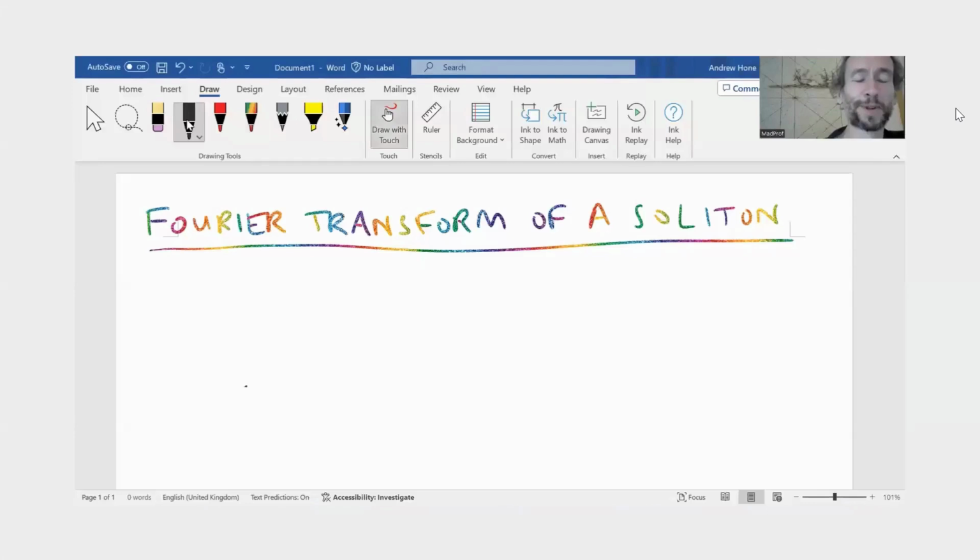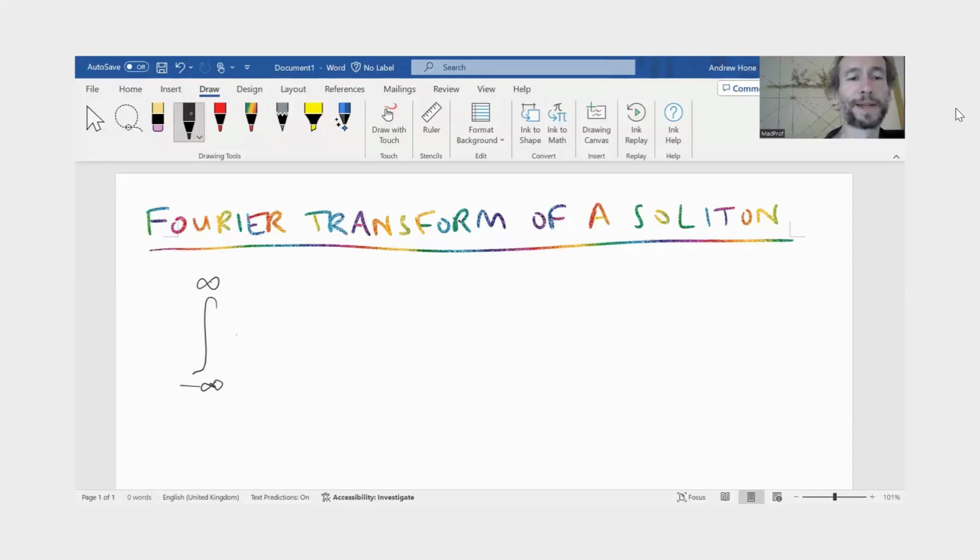The problem we want to work out is to evaluate a particular definite integral, which is an integral on the whole real axis.